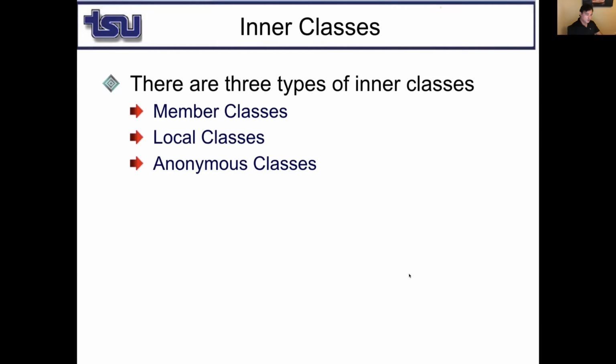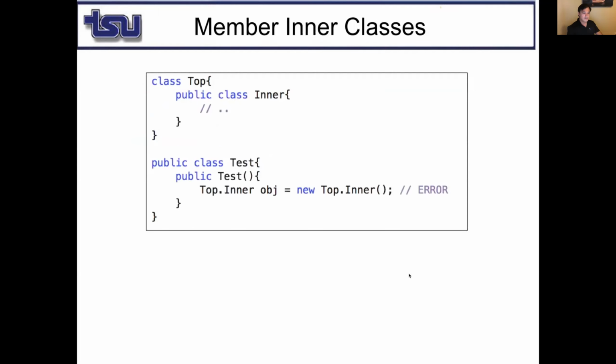So now let's discuss the first one, member classes, okay? Now, this is the top level class, this is the inner class. As you see, it is non-static. If this was a static class, then this would be how we create an object: top level class, then inner class name.